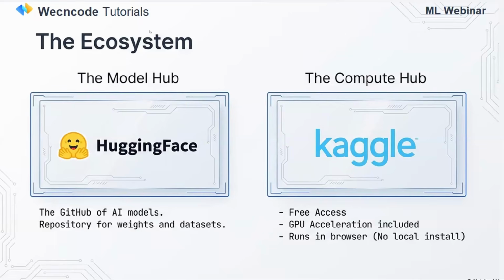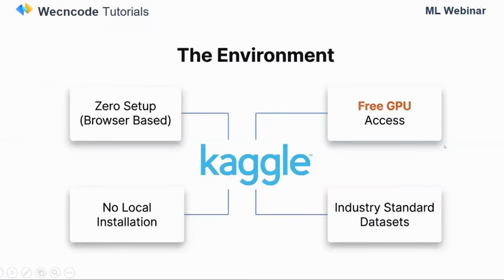I've mentioned we have access to GPU. We can have T4 GPUs or P100 GPUs, which are pretty nice and strong GPUs for running our basic AI models. And it runs in the browser, so you don't even have to install the software. The environment of Kaggle requires zero setup.